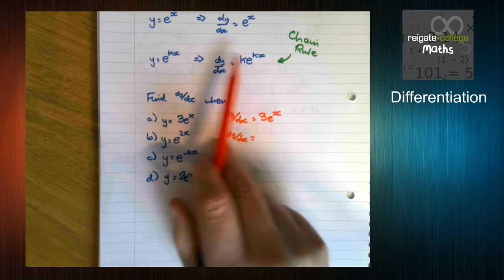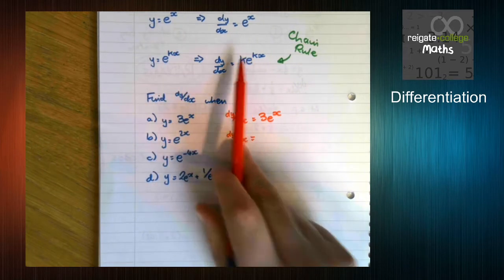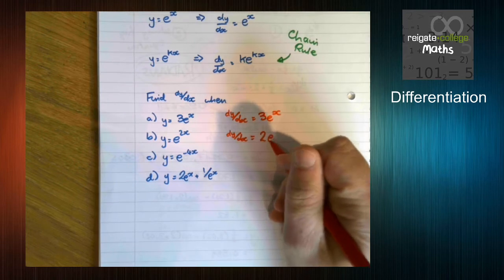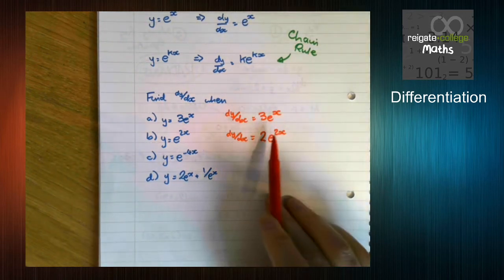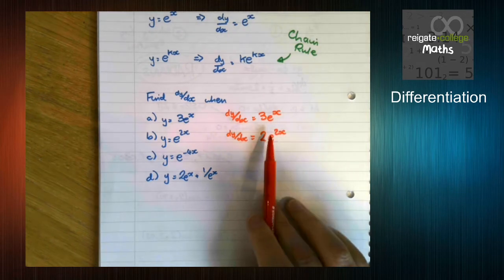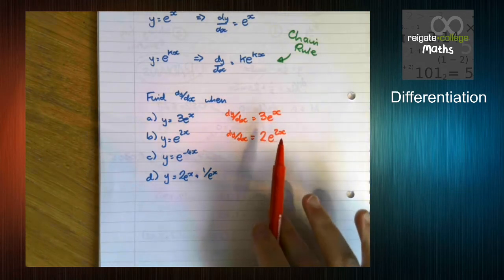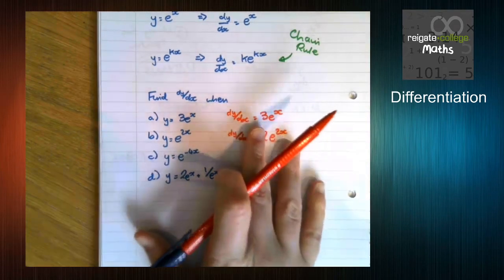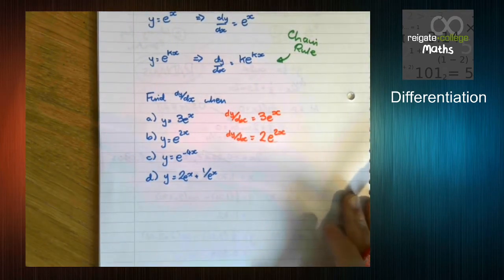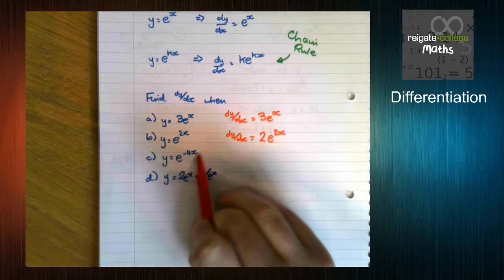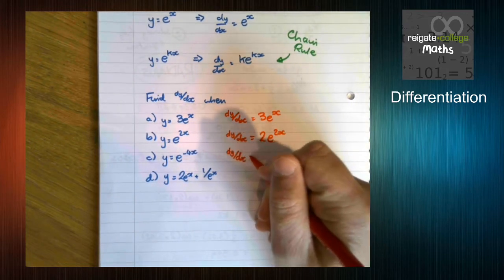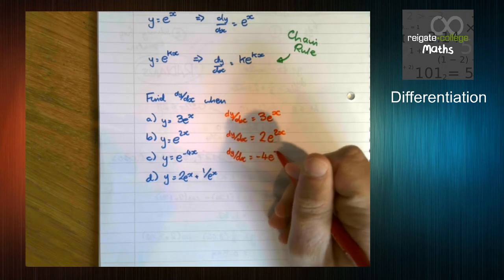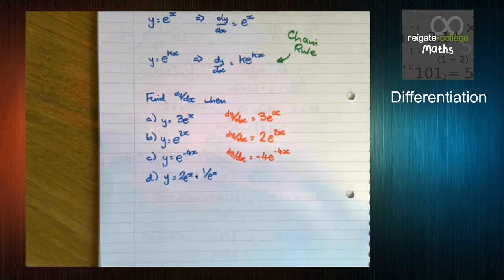So the 2 is going to jump down to the front, and then everything else is going to stay as it is. Remember, this idea of things staying as they are is exclusive to exponentials, or e to the power of stuff. Here, this one's going to work in a very similar way. Minus 4e to the minus 4x.